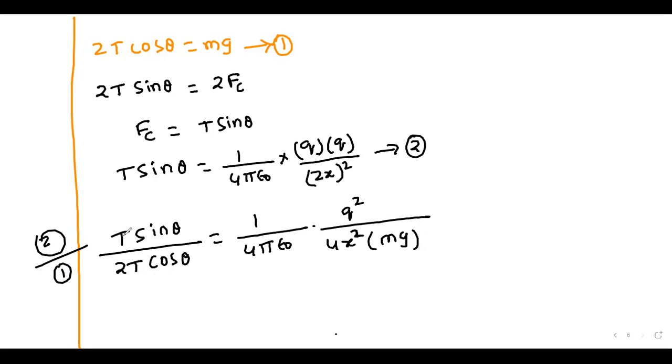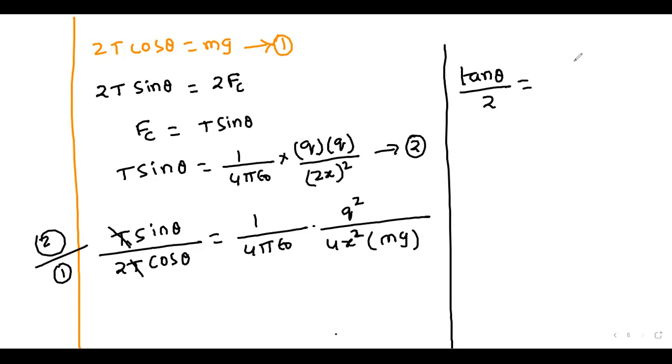Upon calculation, we will get tan theta by 2 is equal to q square by 4 pi epsilon naught times mg times 4x square.